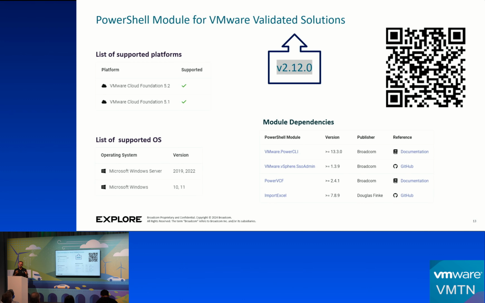You can use it in each SDDC component user interface with the values that you have previously provided in the VCF planning and preparation workbook. You can use and reuse these commands by replacing those values with the ones from the VCF planning and preparation workbook. The QR code is taking you to the PowerShell module.